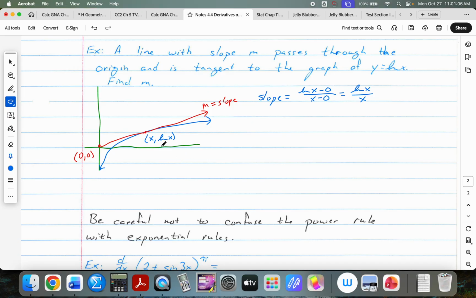The other way to find the slope of that line is to take the derivative. So the derivative with respect to x of natural log of x, which is 1 over x.